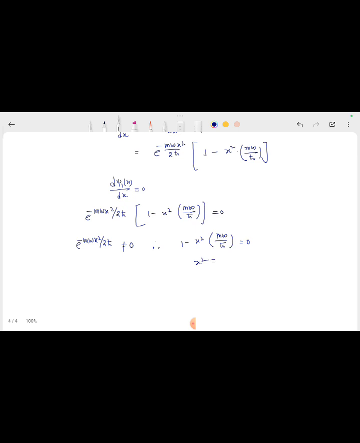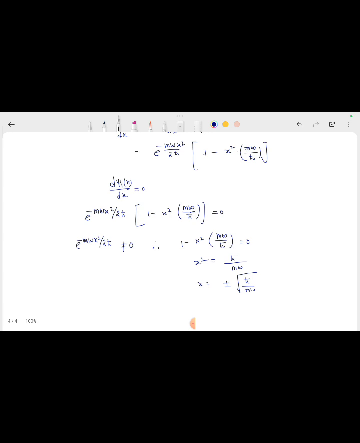So x square equals h cut upon m omega, so x is plus or minus root under h cut upon m omega. At these two values, we get the maximum value, along positive or negative y directions. We get the maximum value at these two points.